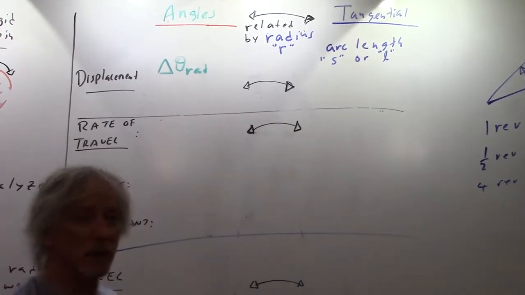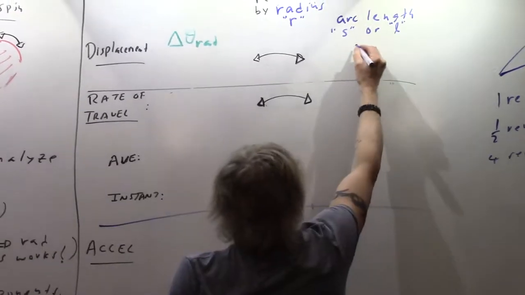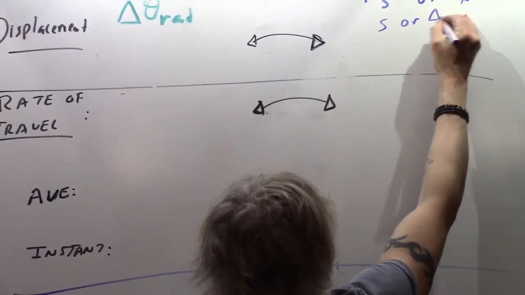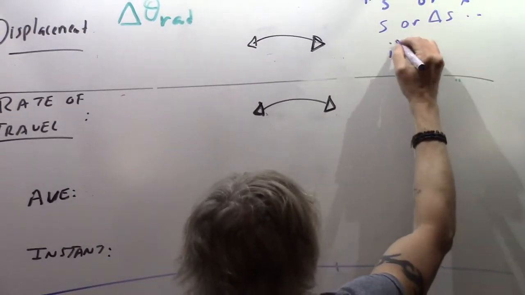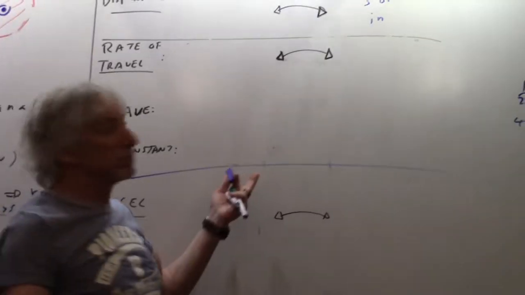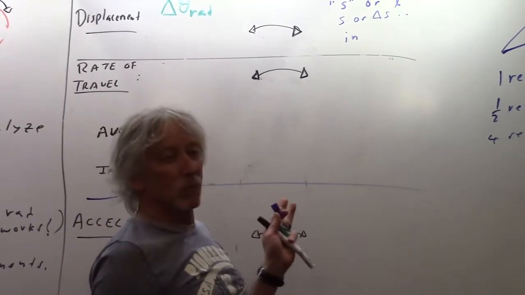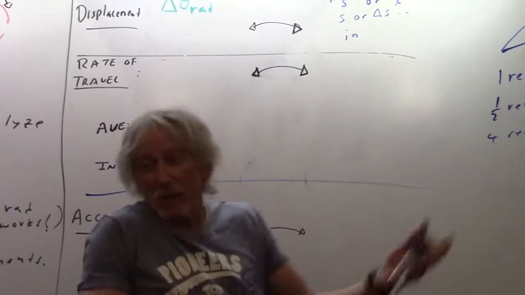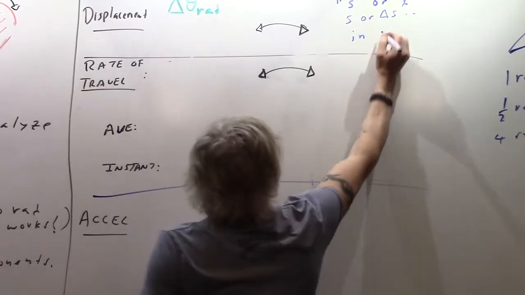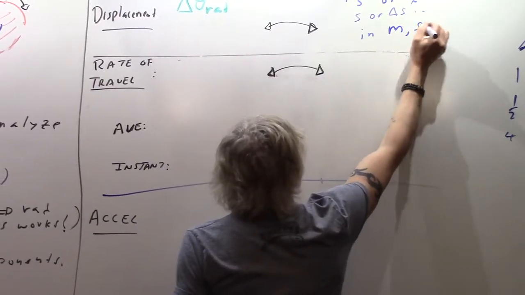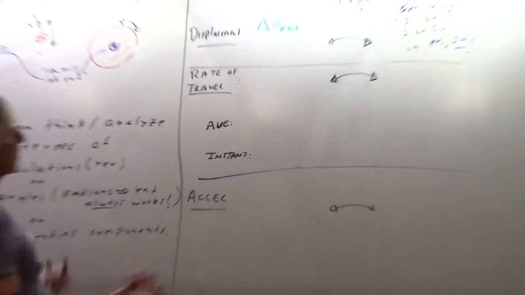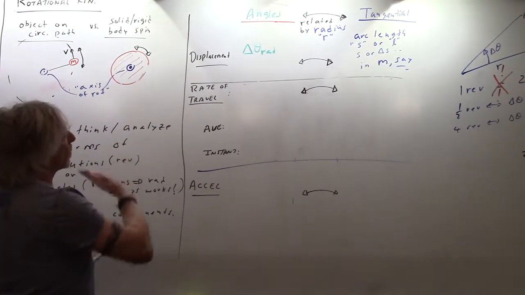Whatever it is, I kind of like S or delta S. In what units? Meters, right? Centimeters, nanometers, inches, feet, whatever. So meters, say for now, just to keep it not too overwhelming, but you can convert units.